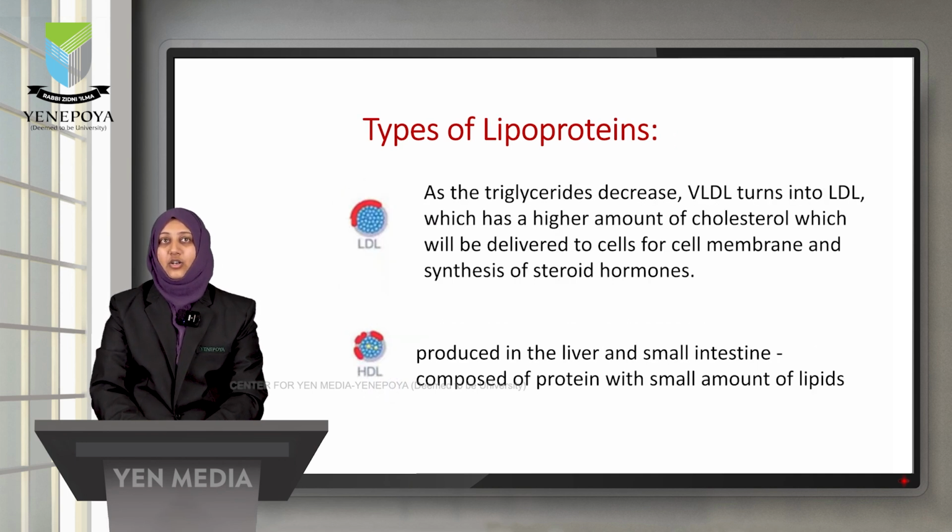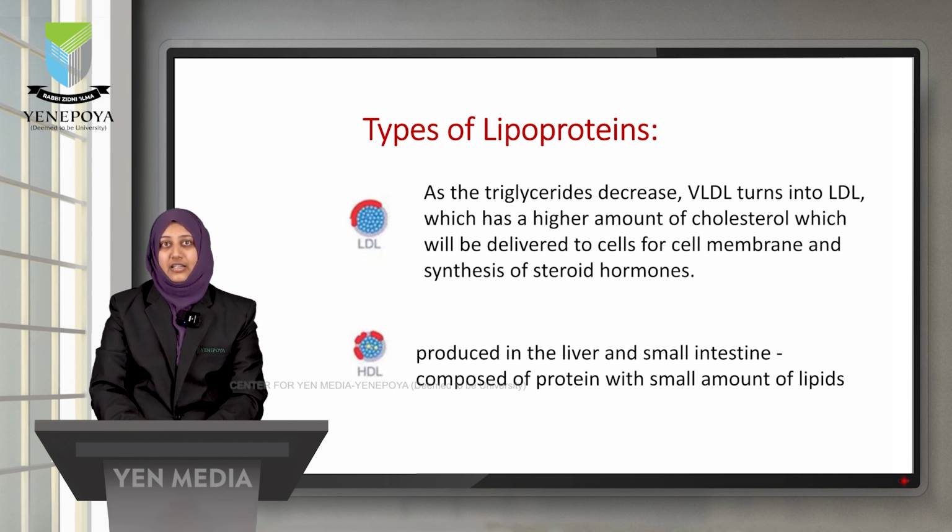Next is LDL, low density lipoprotein. As triglyceride decreases, VLDL turns into LDL, which has a higher amount of cholesterol that is delivered to the cells for cell membranes and synthesis of steroid hormones.